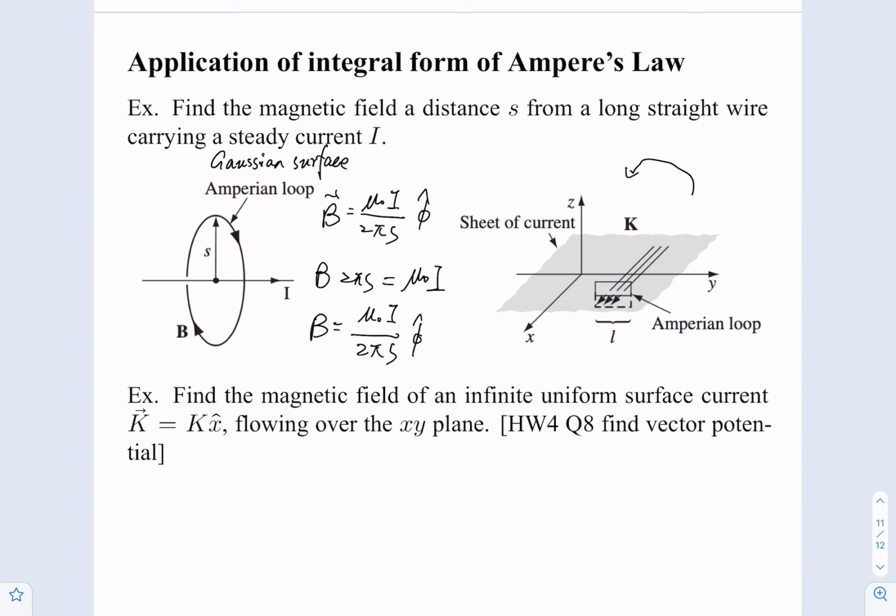There won't be any z component because of the cancellation of all these sources. So in the end, the magnetic field will be only along the y direction.